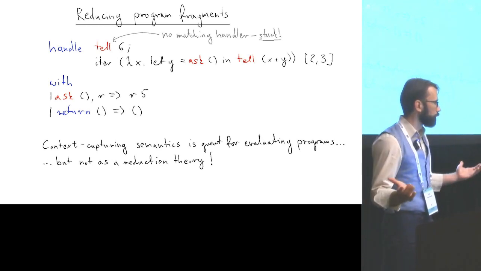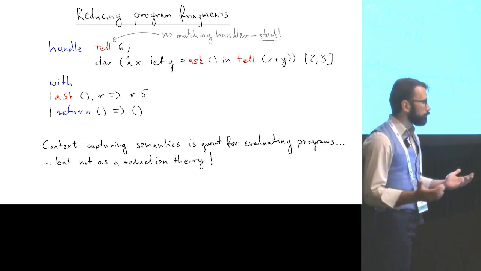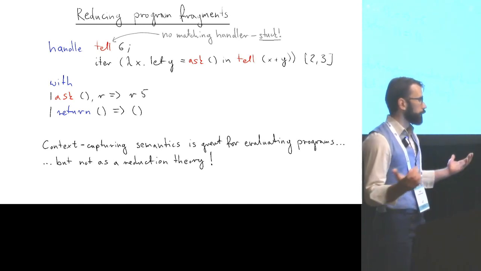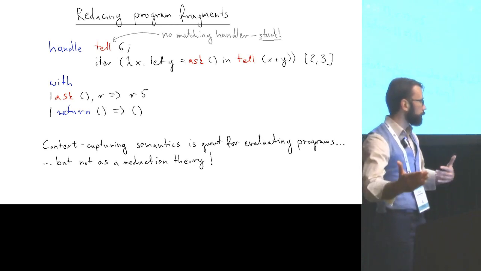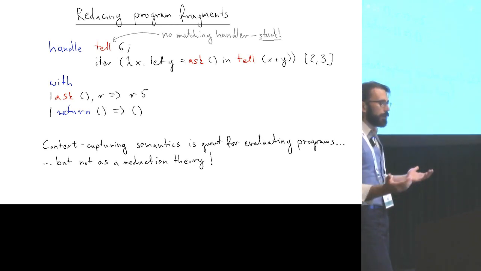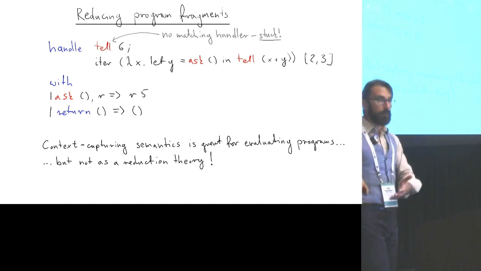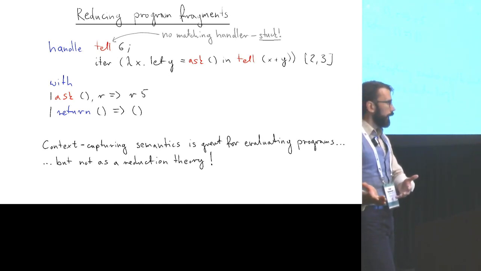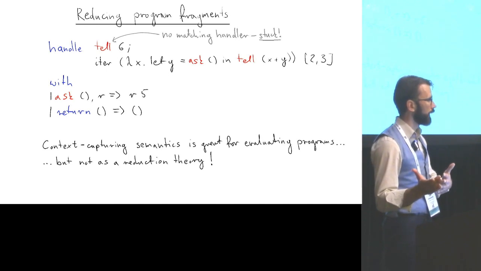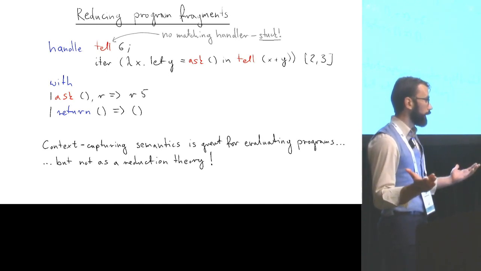This can happen when we're trying to optimize a program, partially evaluate it, or fully reduce the program to find a normal form. We hang on an operation, we have a tell, and we don't know what to do. Most of the popular operational semantics for effect handlers would get stuck at this point.